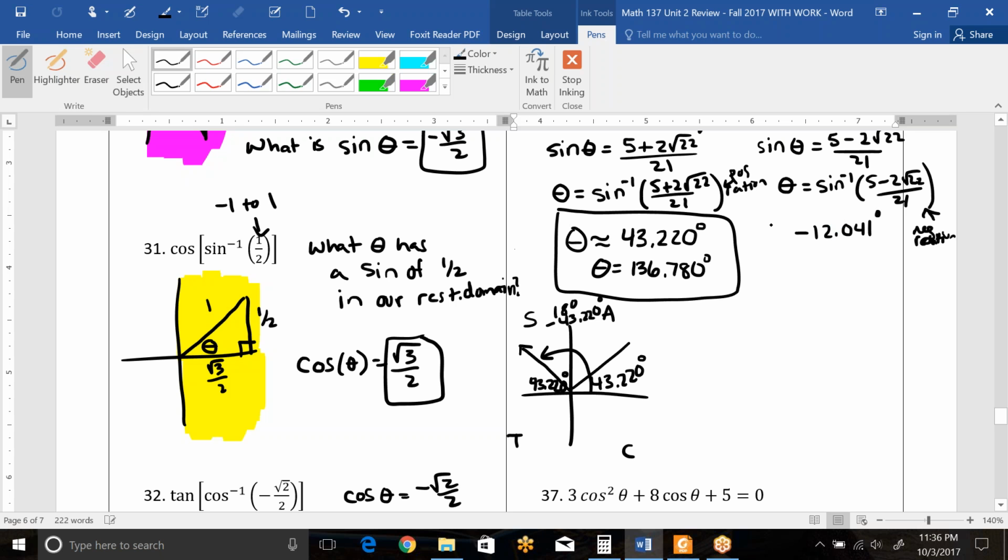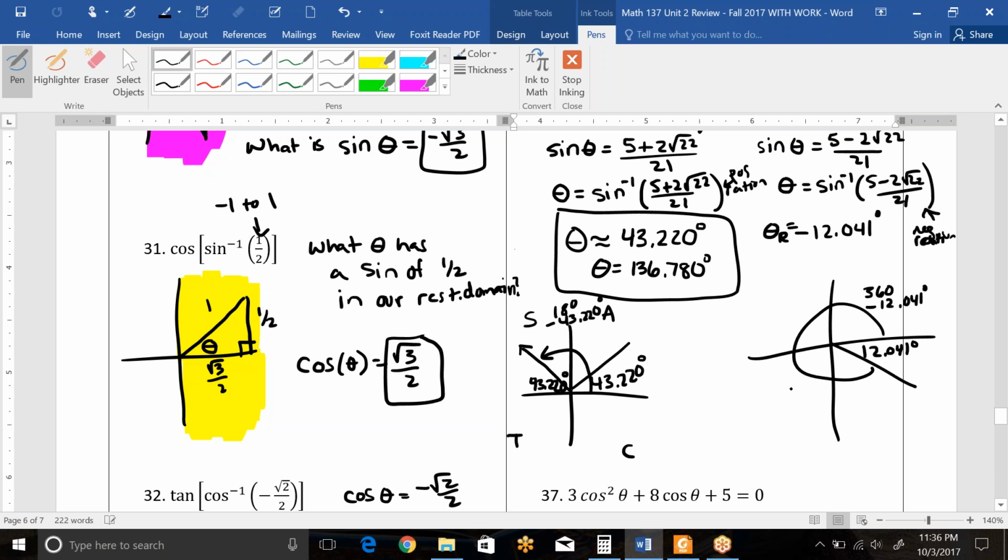That is a theta, but it's going to be a reference angle, because remember, sine inverse gives us this in negative for this quadrant. So this is a reference angle of 12.041, but we want to know what the actual angle is all the way around. So we need to do 360 minus that.